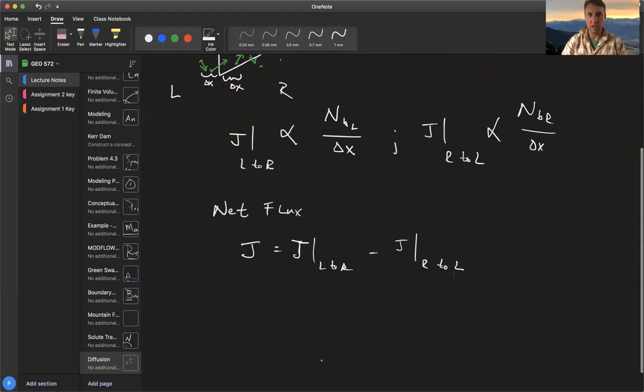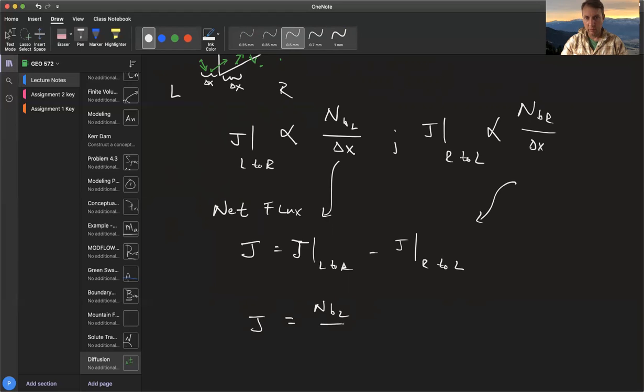And then if we substitute in these guys here and these guys here, we get J is equal to the number of bits on the left minus the number of bits on the right, all over delta x. And this should be a proportionality. All right, so this statement right here, that the flux is proportional to the number of bits on the left minus the number of bits on the right over delta x.